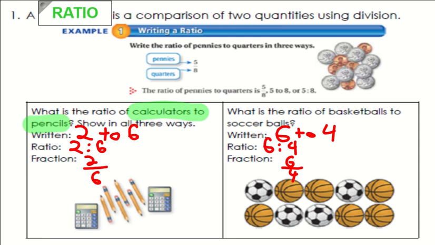Every one of those is actually going to be said 6 to 4. They're all said the same way, okay? When it's a ratio, all of them are said with the word "to", like first number to second number, okay? Any questions so far? This ain't so bad so far, right?